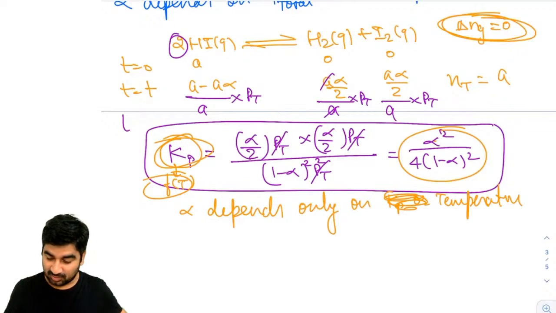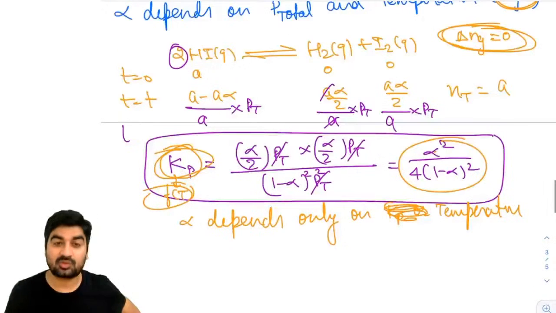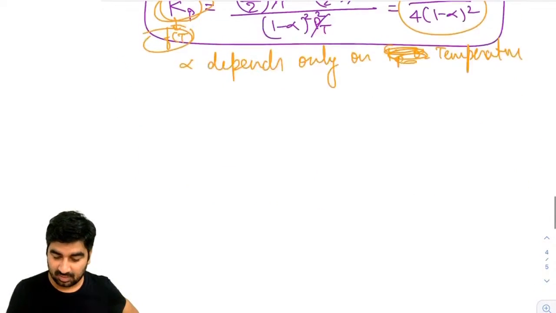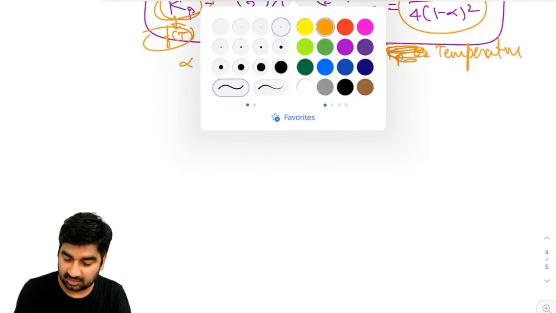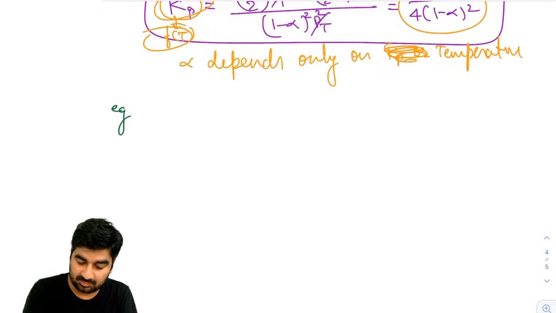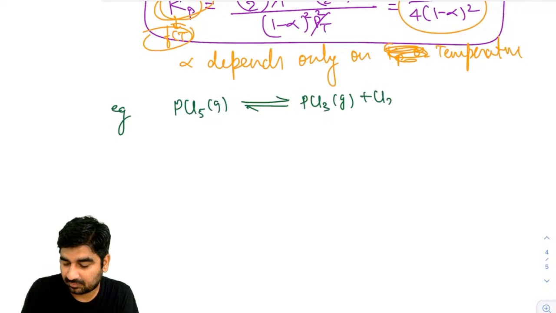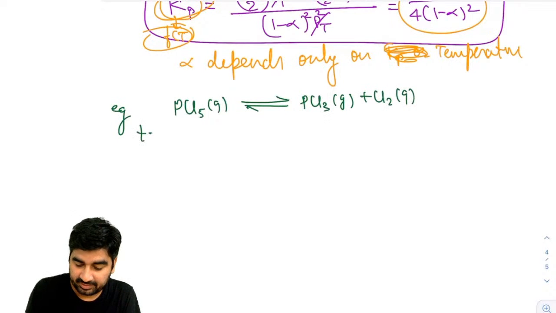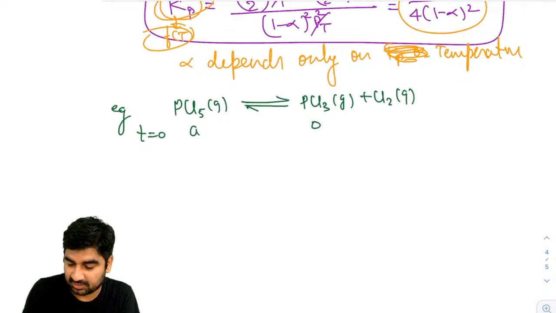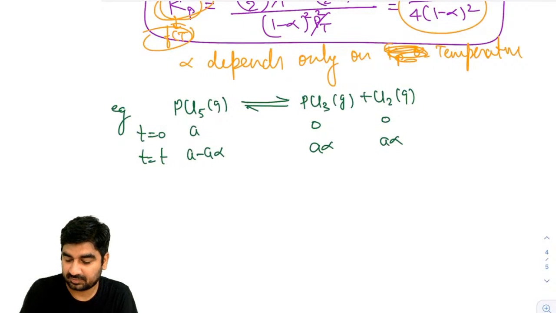Okay. So now, similarly, you can calculate Kc. Suppose I am taking PCl5 gas and it is converting into PCl3 gas and Cl2 gas. At t equal to 0, this is a, this is 0, 0. After some time, a minus a alpha, a alpha, a alpha.